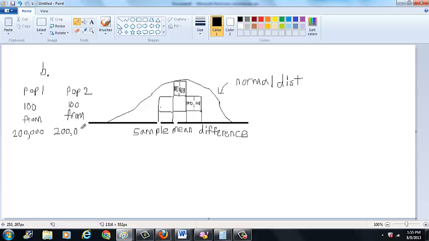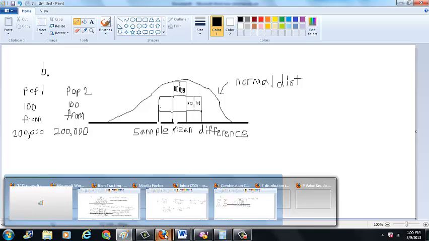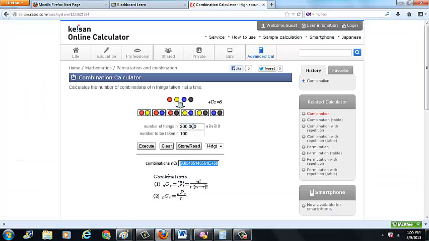We need to find out how many combinations of 100 can come from this population, and how many combinations of 100 can come from this population. So we need to go to our calculator and type in 100 from 200,000 again. We get the same number.